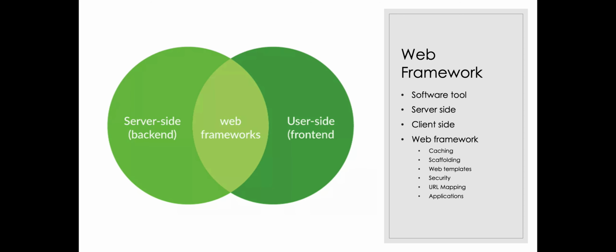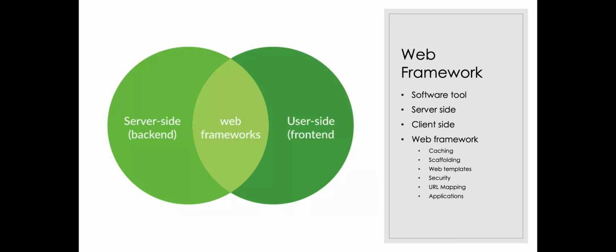When you actually think about it, what exactly is a web framework? It has features that we need to understand. It includes caching. It helps you to store different documents and avoid server-side overload. Scaffolding. It helps you to speed up the development cycle. Web templates. It is a set of different technologies and software implemented to construct and deploy web pages.